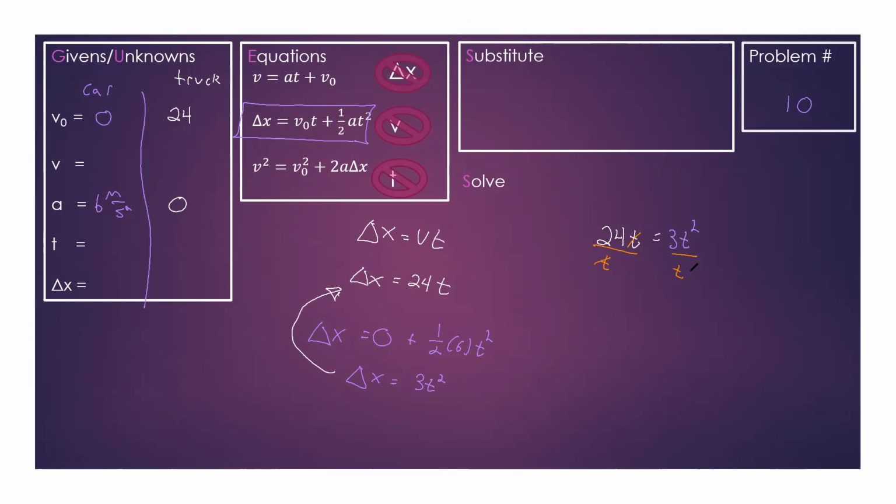So that cancels out, that cancels there, and then I have 24 equals 3t, divide both sides by 3, and t is equal to 8 seconds. Now the question says, how long will it take for the car to catch up to the truck? At 8 seconds, they will both have traveled the same distance. They both started at the same point. Therefore, that is how long the car has taken to catch up to the truck.